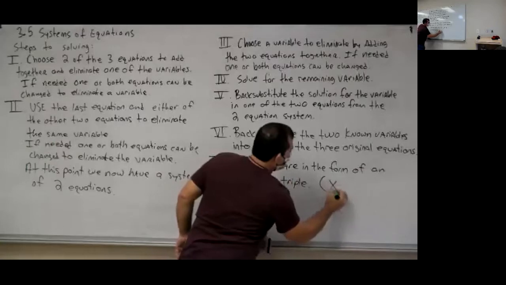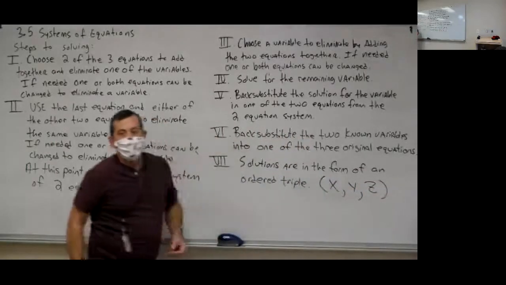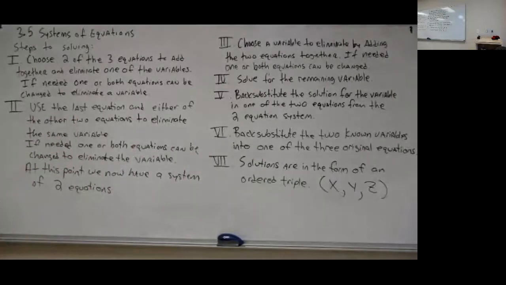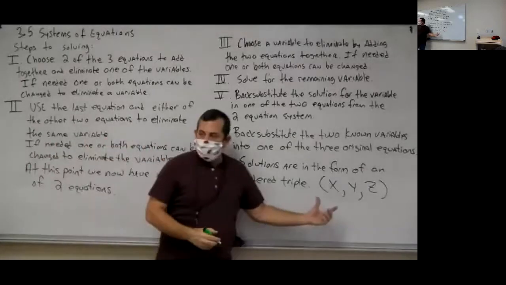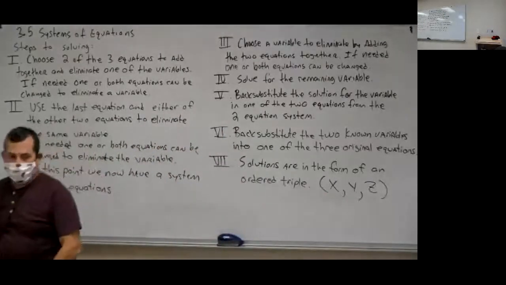Ordered triple will have an X, a Y, and a Z. And you gotta put them in the parentheses if they don't give you the parentheses in the math lab, okay? It seems like sometimes they'll give you the parentheses and you put the answer in, and then sometimes you just got to put everything.